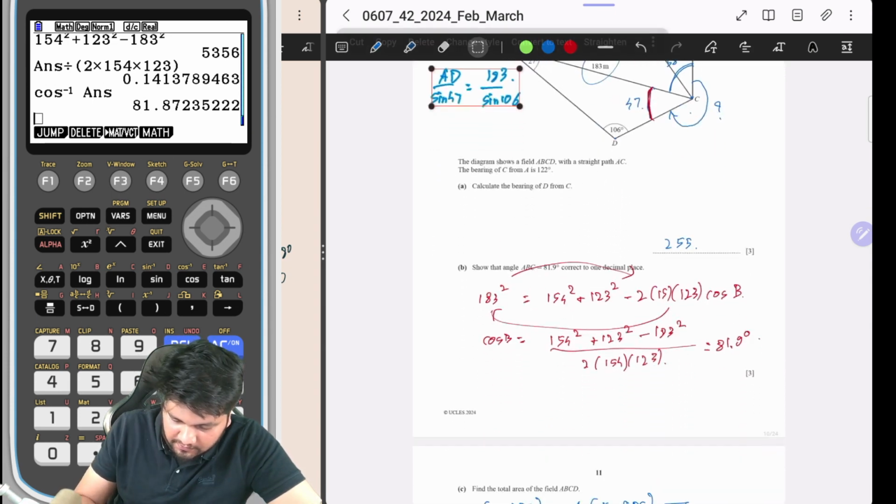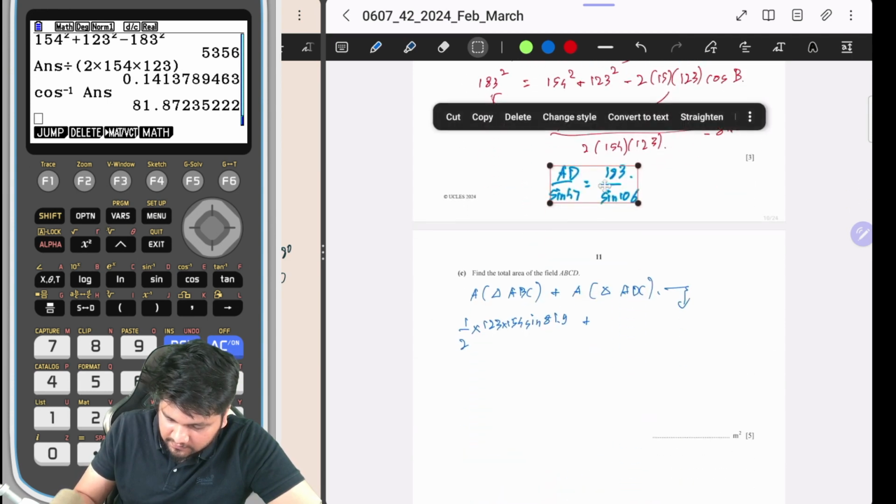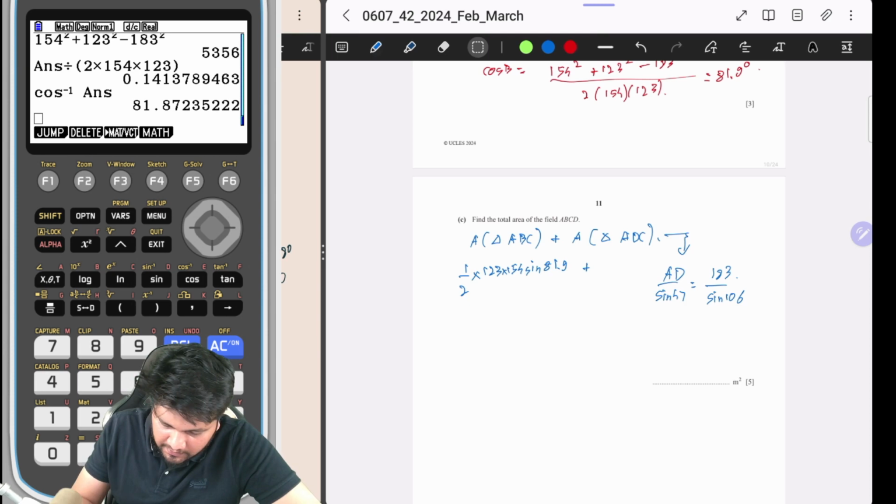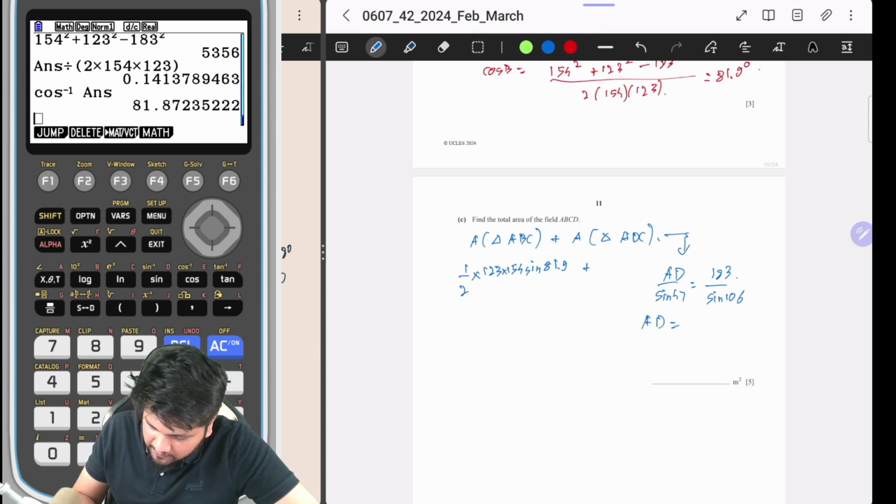I'll just move it here. 1 second. Yeah. So here AD will be 183 into sine 47 upon sine 106.